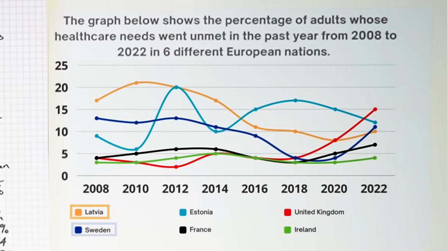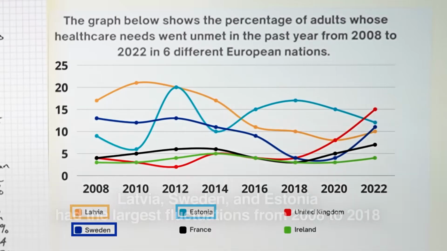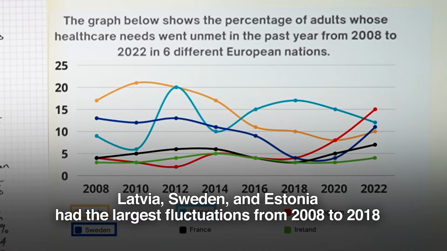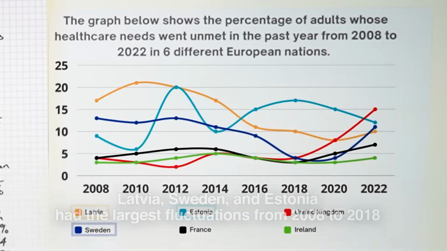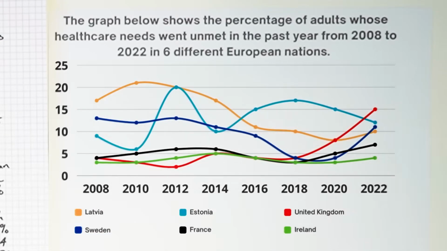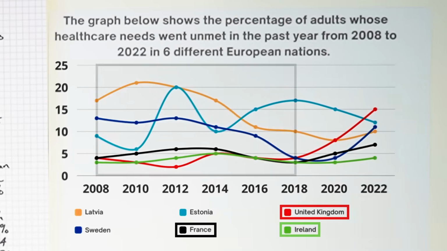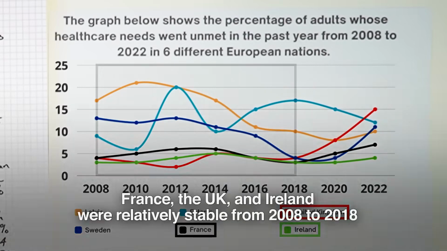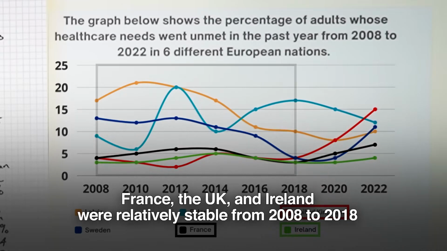So if we look at Latvia, Sweden, and Estonia, we can see very large, wild fluctuations. So we probably should include that in our overview as well. But if we contrast those three countries with France, United Kingdom, and Ireland, between 2008 and, let's say, 2018, they were far steadier. They didn't fluctuate as much as the other three countries.